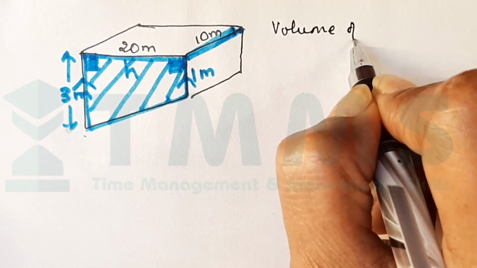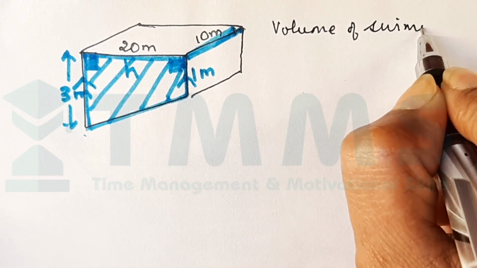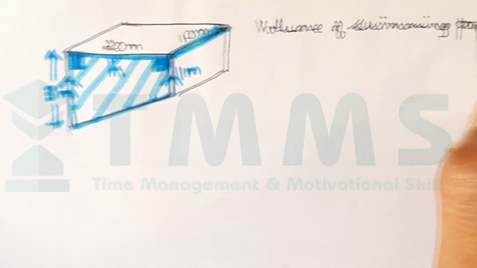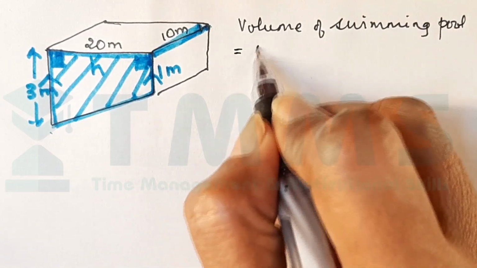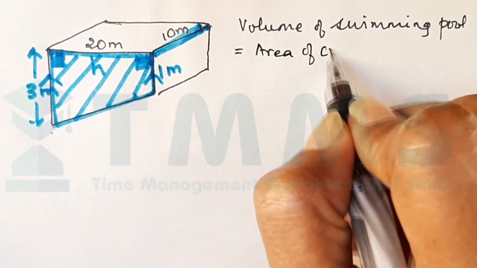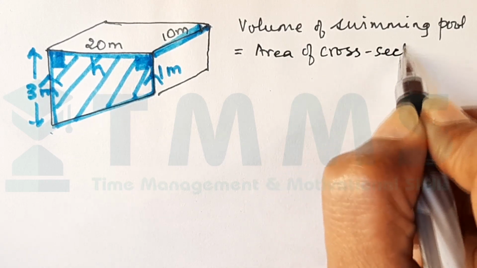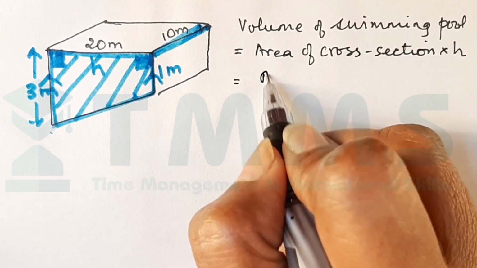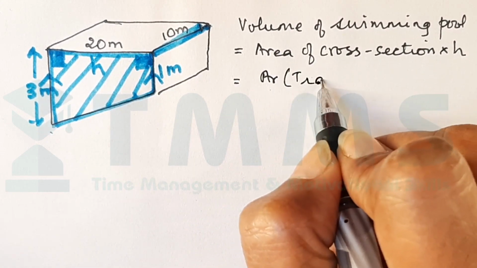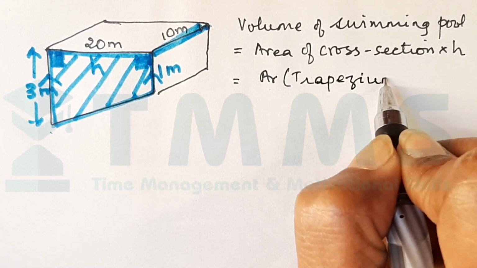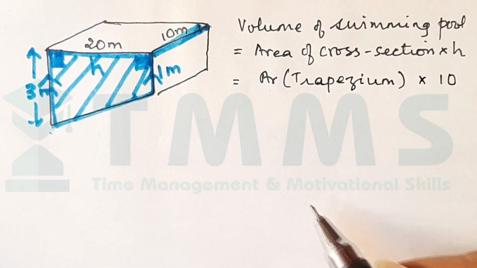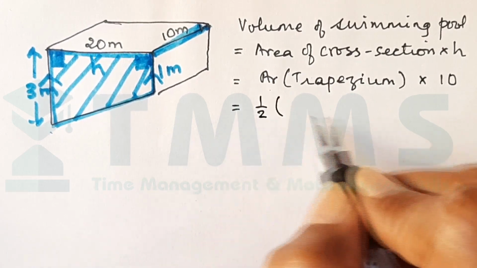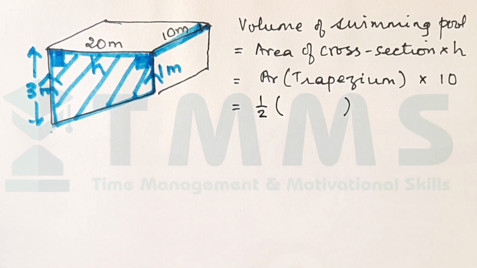Volume of swimming pool is equal to area of cross section multiplied by the height, which means it is area of trapezium multiplied by 10, which is equal to half sum of parallel sides multiplied by the height of the trapezium.